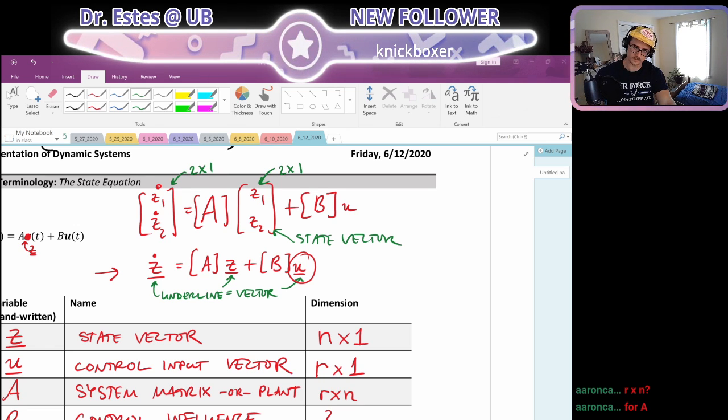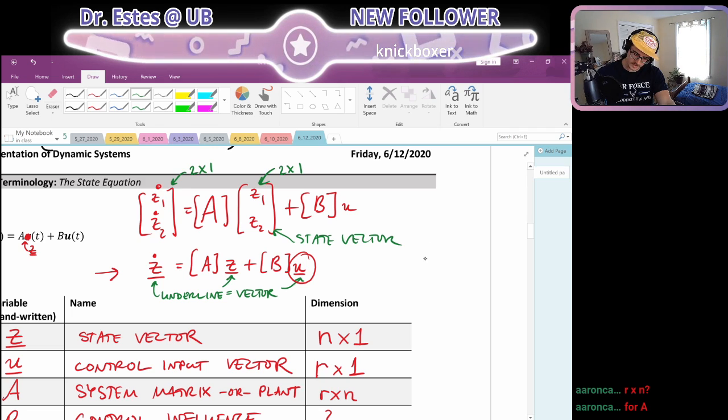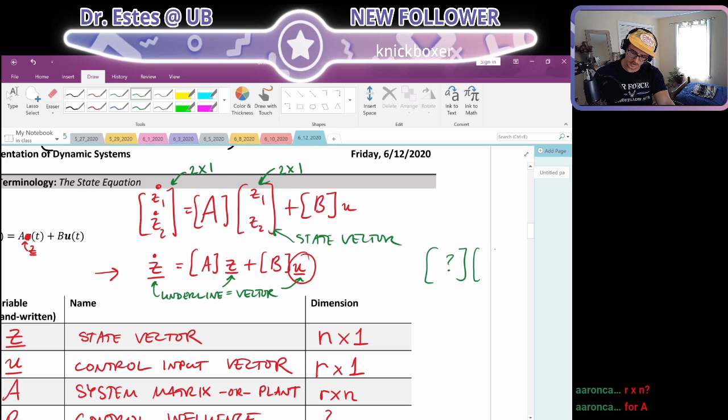So what size matrix has to multiply with a 2 by 1 so that we get a 2 by 1 back?